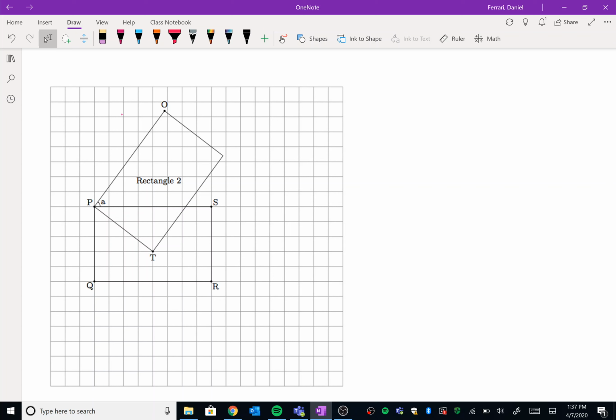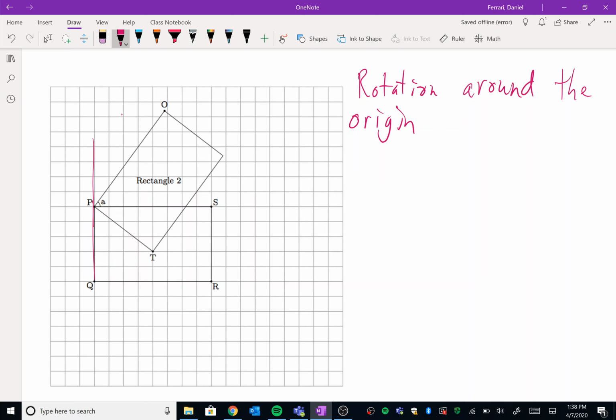Now we have our new points in, and you'll notice I marked this angle A. Now we need to do a rotation. In class we did most of our rotations around the origin. Well, we don't really have a coordinate axis here, we don't have an origin, but if I wanted to, I could make one.